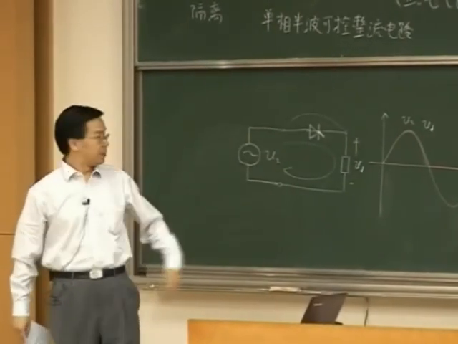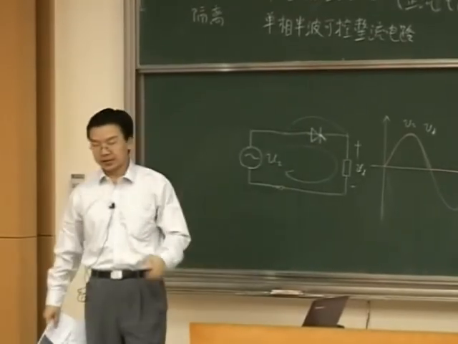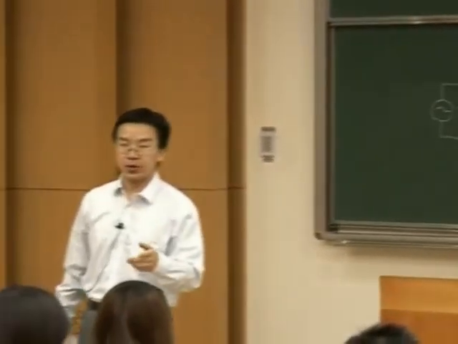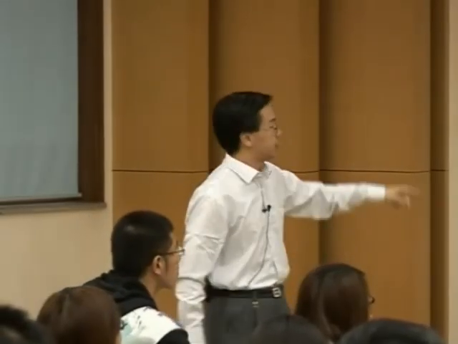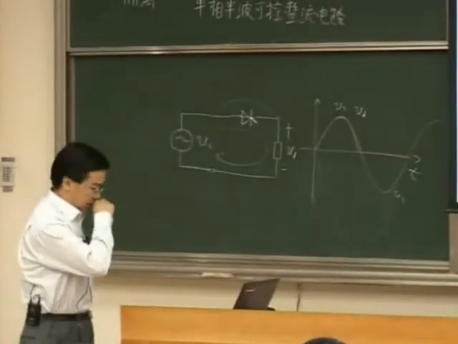Changing this to a thyristor gives us the ability to determine at what time you turn this switch on. If it is a diode, we cannot determine. When you have positive input voltage, then it's conducting.